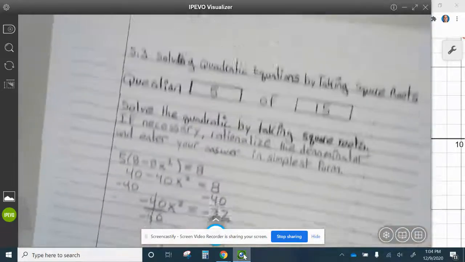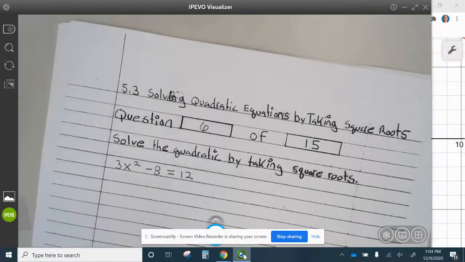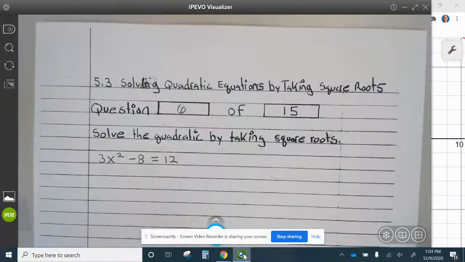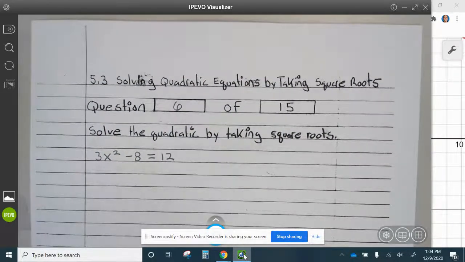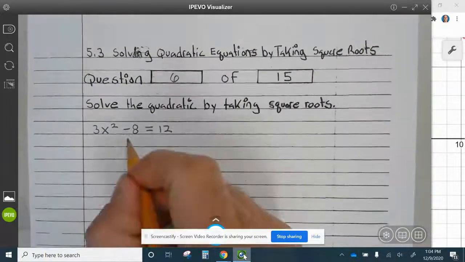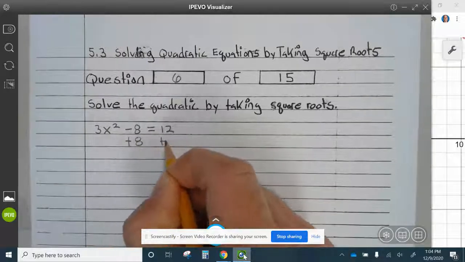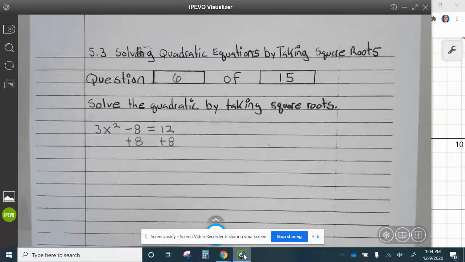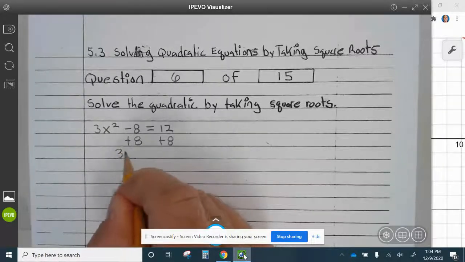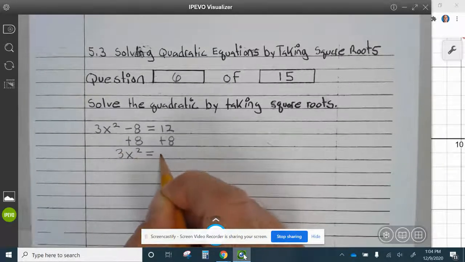Okay, let's take a look at question 6. Solve the quadratic by taking square roots. So we're going to add 8 to both sides, and you get 3x squared equals 20.